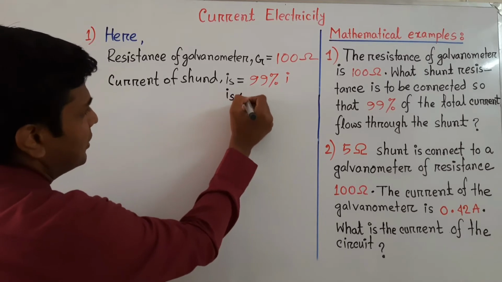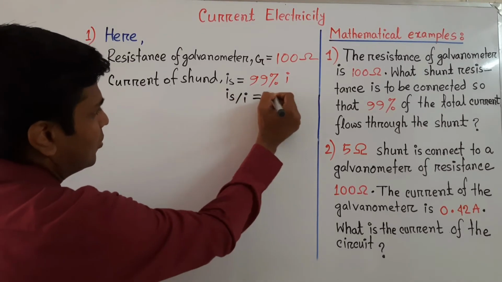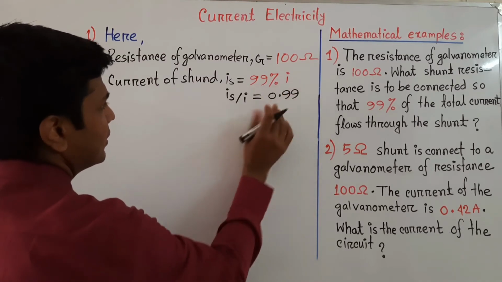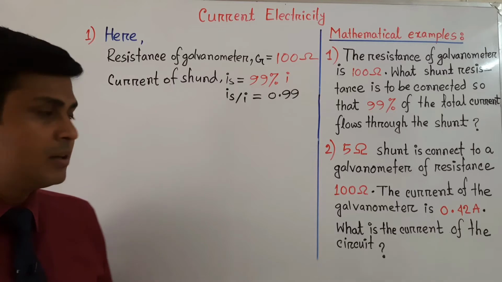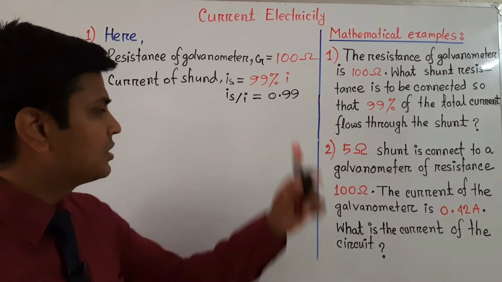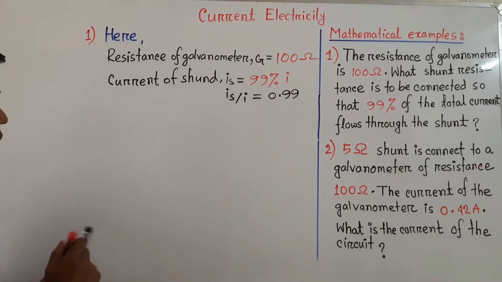So we can write Is divided by I equal to 0.99. This is the current of the shunt. Now we have to calculate the resistance of the shunt.